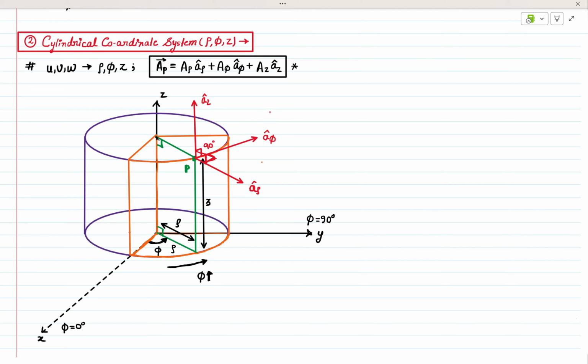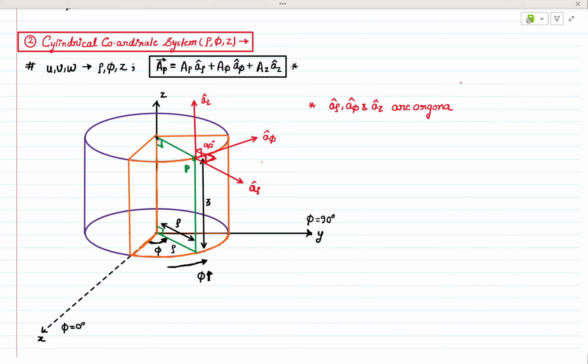So from here I can write one more important thing: a rho, a phi and az are orthogonal.